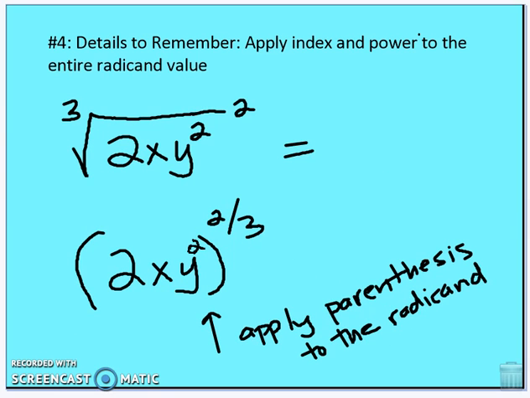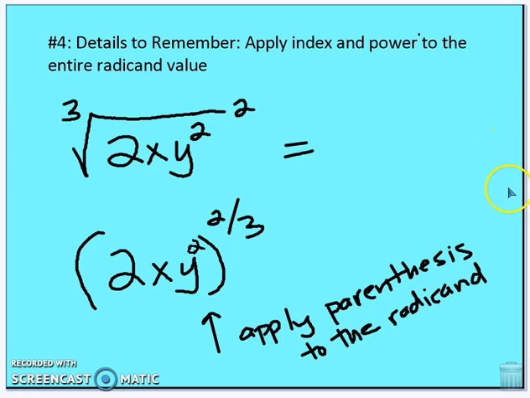Right, so some things to remember. First, when you have a radicand underneath the radical sign, and you apply the index and the power, you're applying it to the entire value or quantity of the radicand underneath the radical sign.